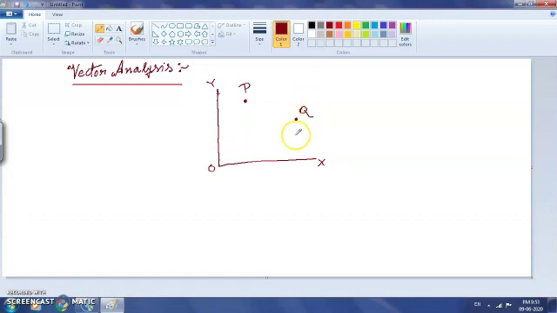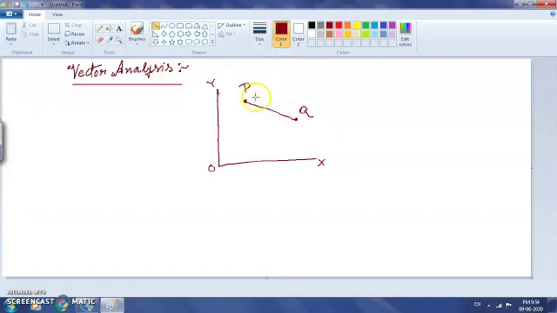So the point P has been displaced after t seconds to the point Q. The initial position of P is here and the final position, after t seconds, is Q. This is the movement from P to Q that I want to discuss.